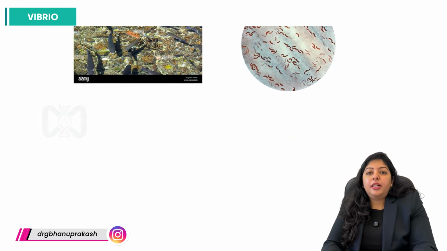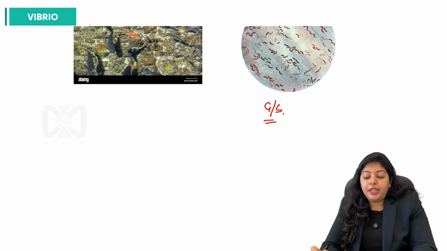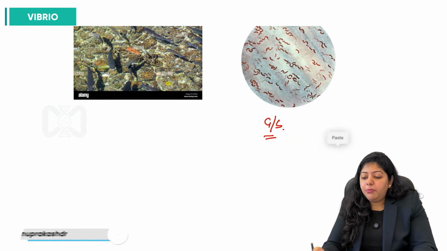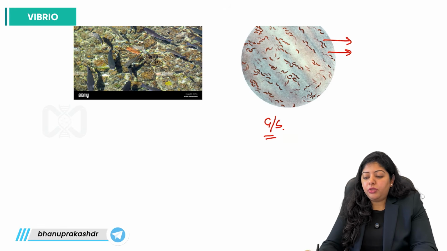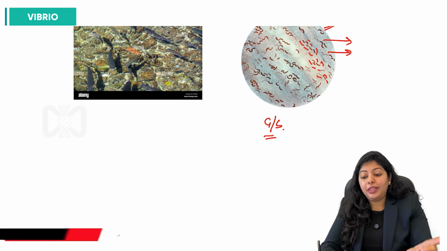Also, when we make a gram stain of the mucus flakes, what do we observe? A typical morphology or pattern is observed, and it is also a question for your exams. See these bacteria, they seem to be moving in parallel rows and in one stream, in one line.